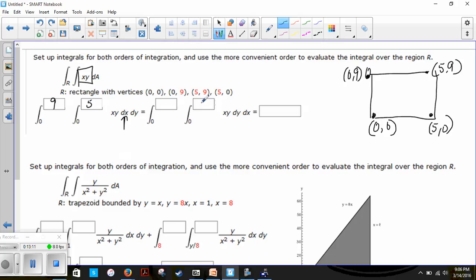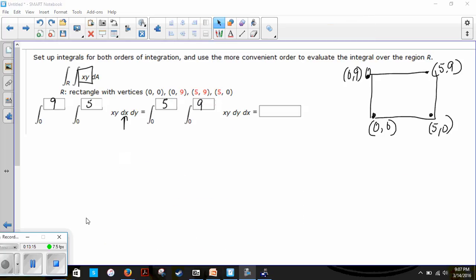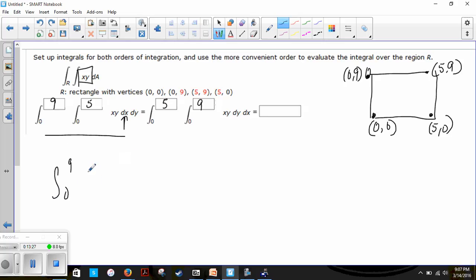And if we just go the other way, then we would just swap those 2. Neither one is really easier to do than the other since they're both definite integrals. So I guess I'll just go ahead and do this first one right here. So 0 to 9 I'll keep, and I'm going to integrate with respect to x first. So this is going to stay a y, and now I got x squared over 2 from 0 to 5.